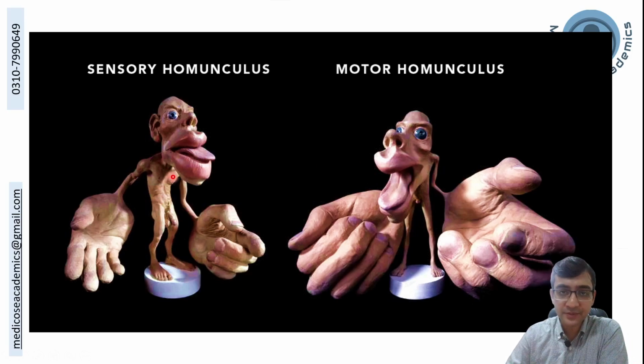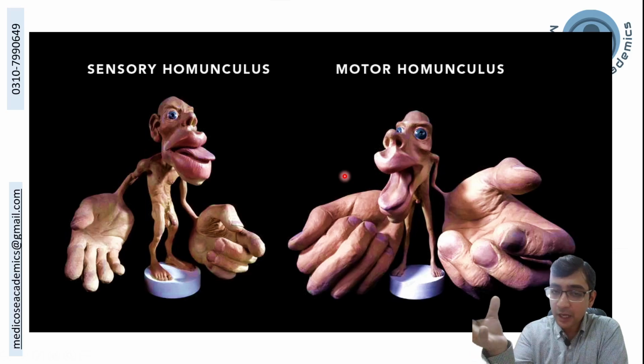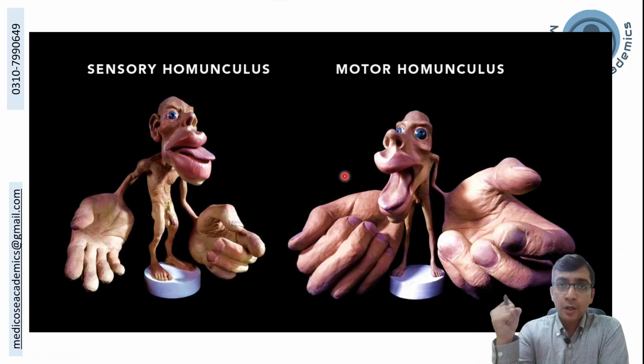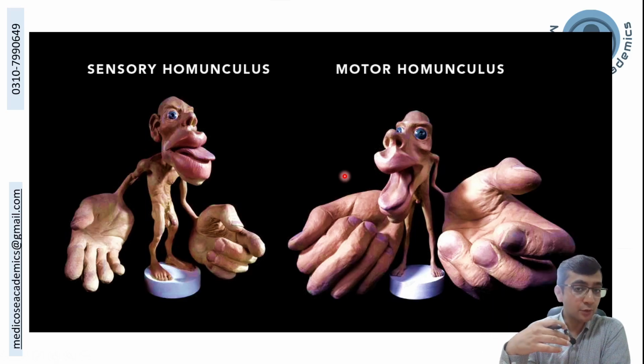So you can see the sensory homunculus does not match exactly to the motor homunculus, because in the motor homunculus higher area was given to those areas of the body which had fine control, and in the sensory homunculus the larger area was given to those structures which were more sensitive.